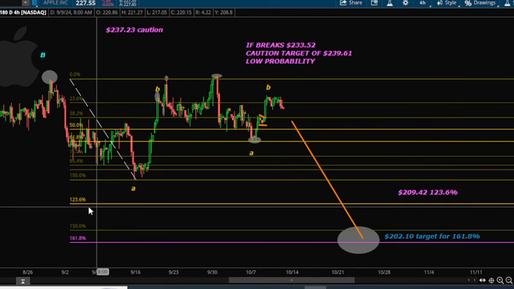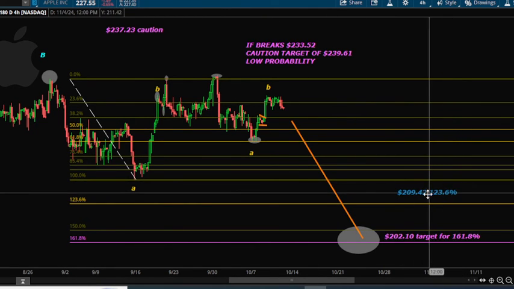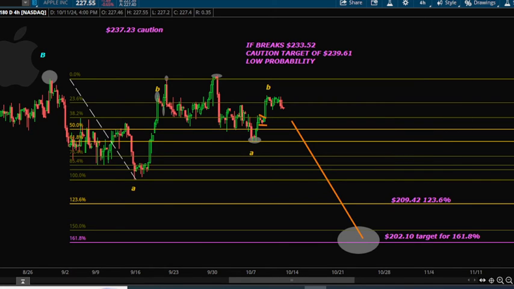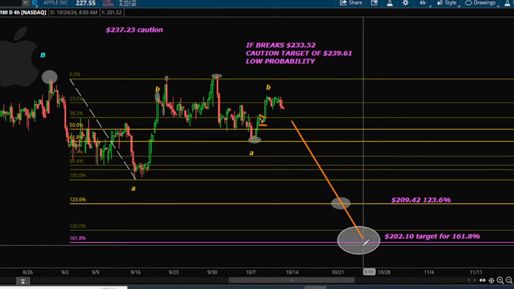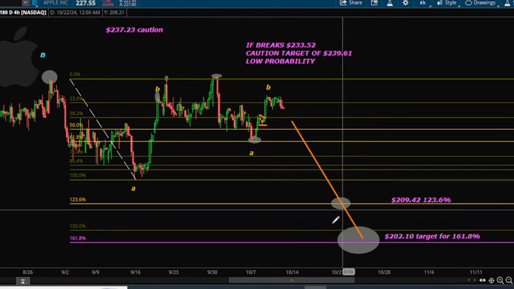One at the 123.6 retracement here. Let me circle that also, maybe a little smaller. I think the bigger probability is the 161.8, by going back leading up to this point in this chart. We've seen this quite a bit.